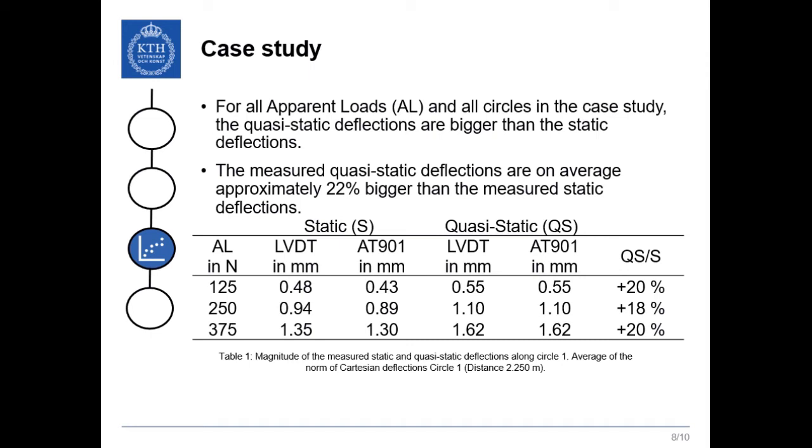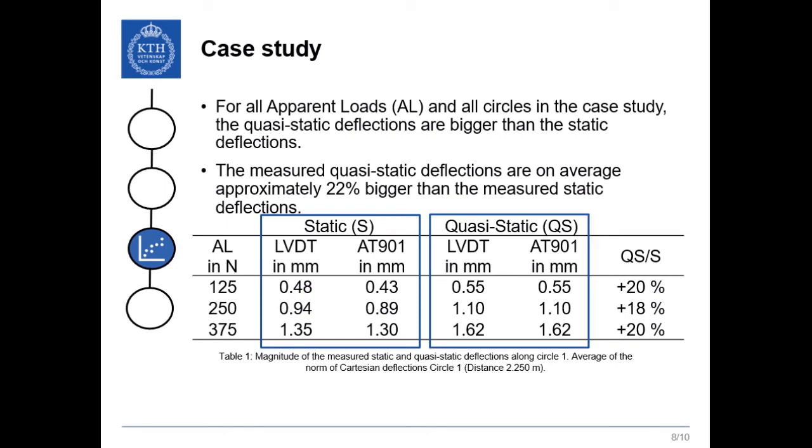The magnitude of the deflection, as one would expect, increases with the load, but also changes along the circular trajectory as the Cartesian stiffness of the industrial manipulator depends on the configuration. The table shows the acting load in the first column, the static deflections as measured by the LVDT and the laser tracker, and the quasi-static deflections as measured by the LVDT and the laser tracker, as well as their quotient.